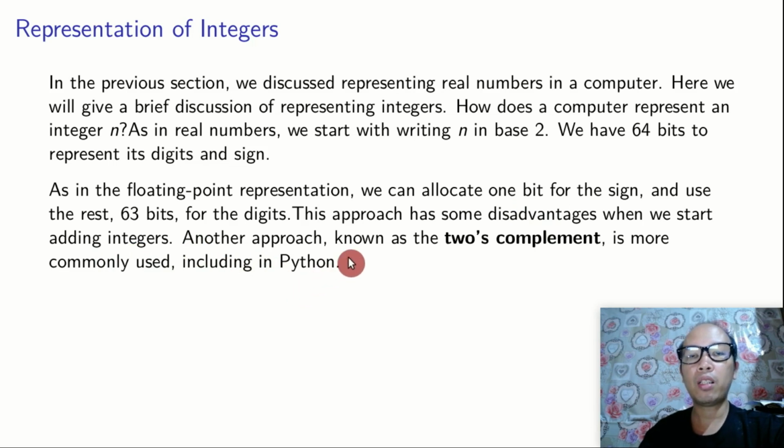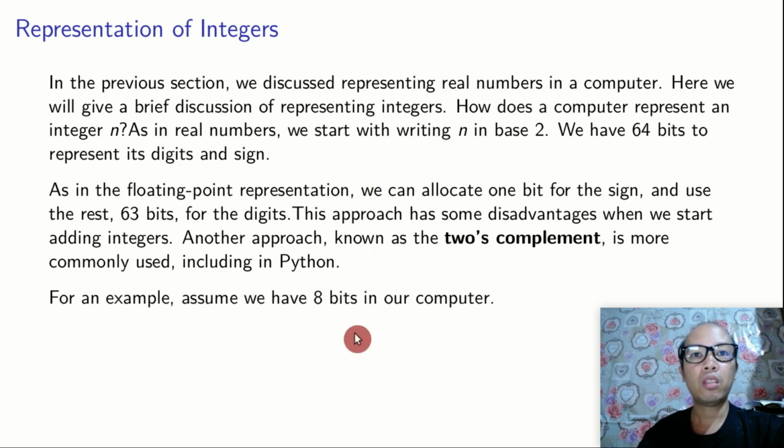But before that, let's discuss this method. This is what we call the two's complement, and Python is also using this method on how to add or subtract with respect to integers. Okay, so for example, forget about the 64-bit or the 32-bit operating system.